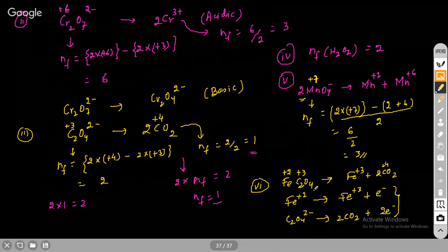When you add these two, the total electron exchange is 3 electrons. So N factor for this will be 3. This also you can memorize directly. N factor of FeC2O4 is 3. Total exchange in electrons. Is it clear?